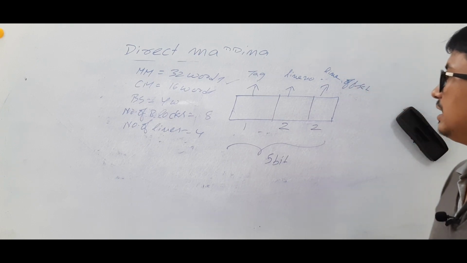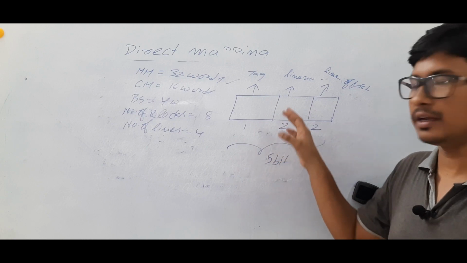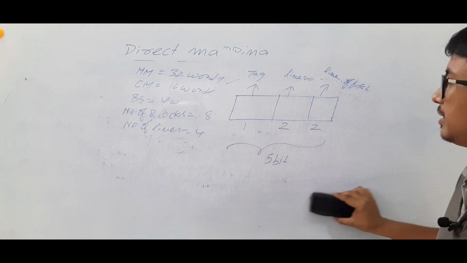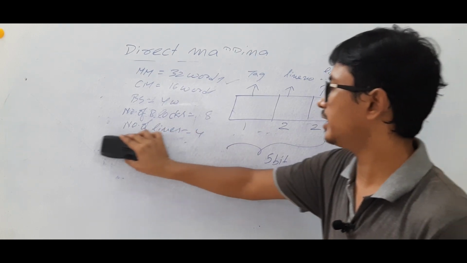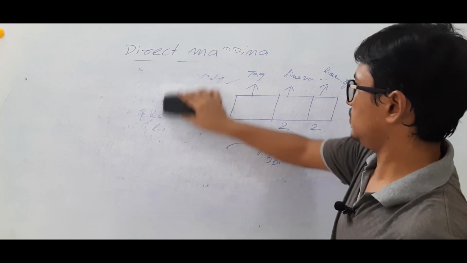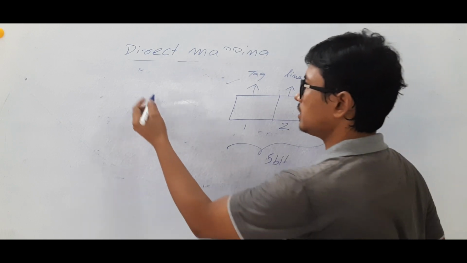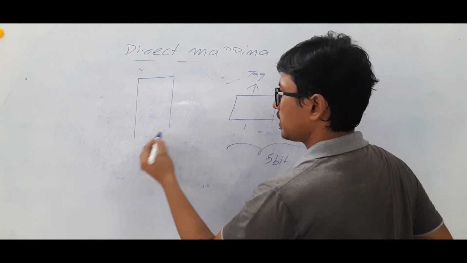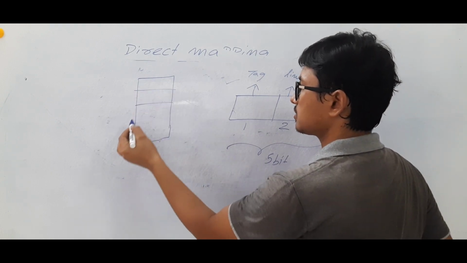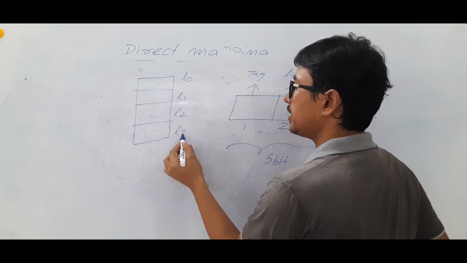Now we will discuss with an example how a particular word in the cache memory can be represented. If you see, the cache memory is divided into 4 lines: line number 0, line number 1, line number 2, line number 3.